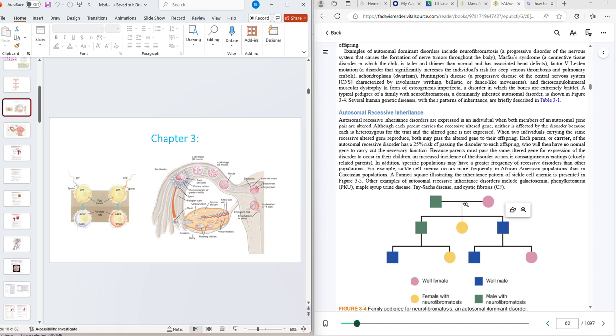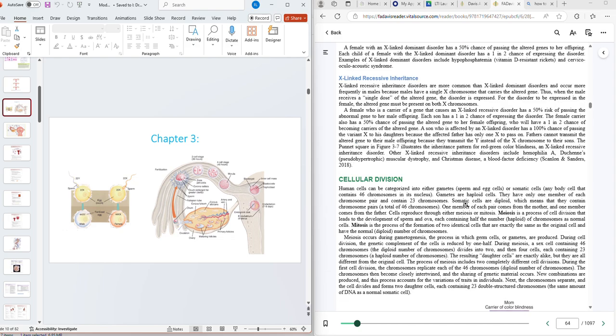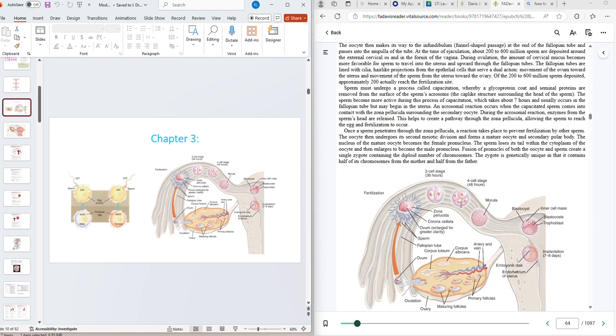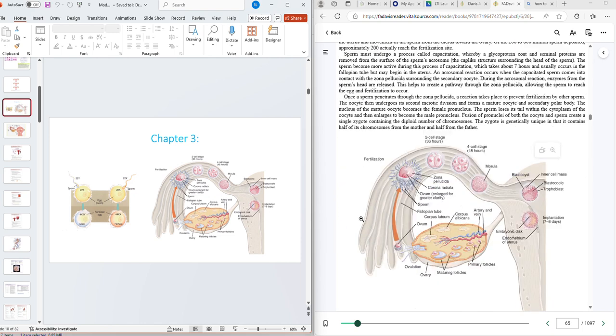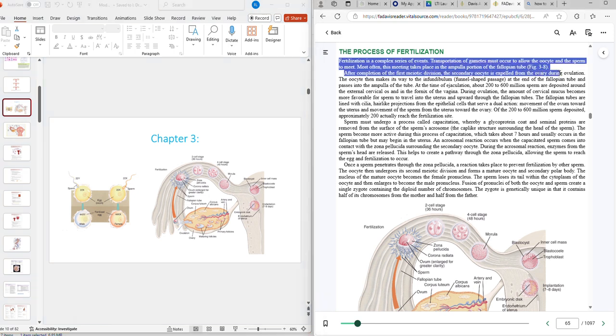I want you to look on page 65, and we're going to talk about the different process of fertilization. Same picture over here on the left is the process of fertilization. This first little snippet is a wink and lollipop.